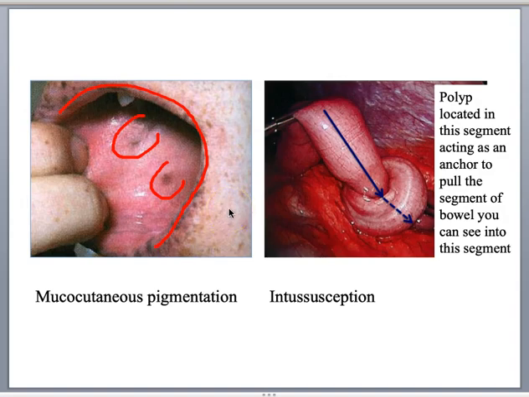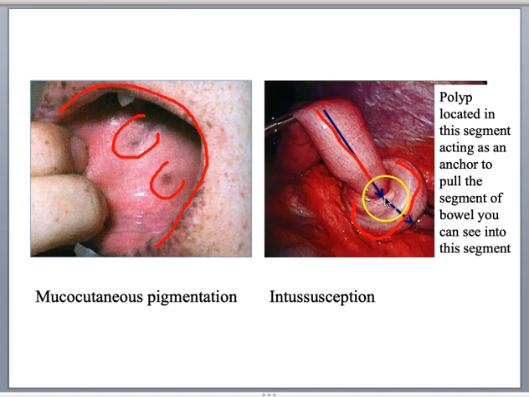The right shows intussusception from the external view. This is a portion of small bowel that's folded into this segment, which is rolled upon itself.